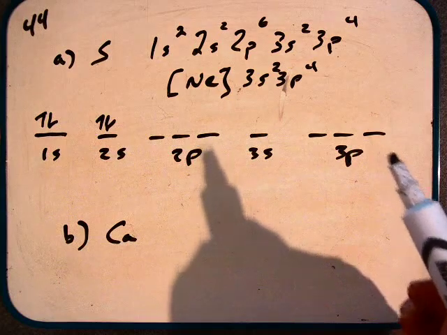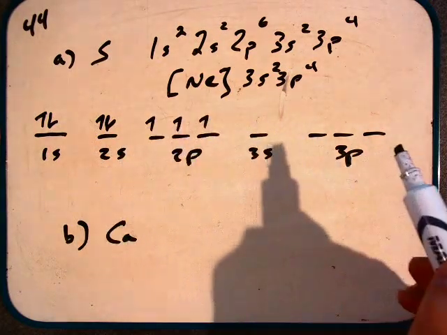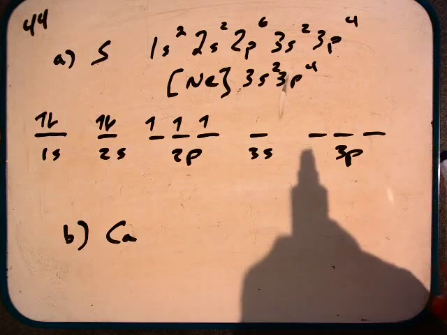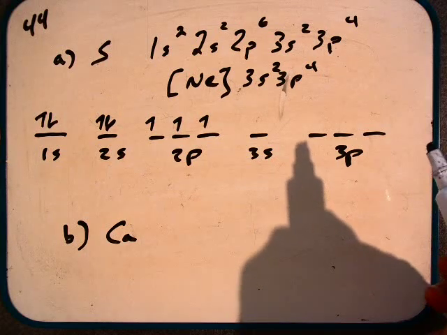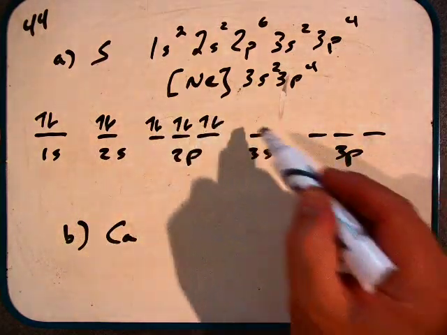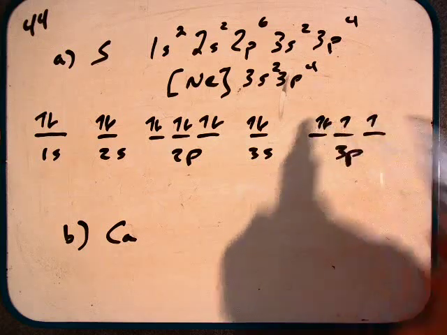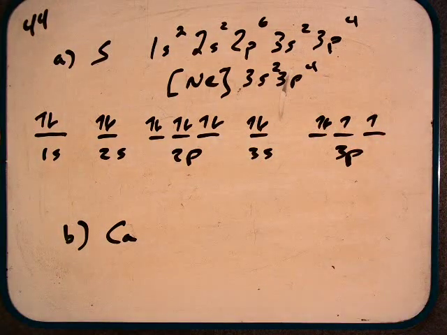Same happens with the 2s. For the 2p, we would put these all in first singly, because there are 3 of these p orbitals, and then we would pair them up. And so that would be your actual orbital diagram for sulfur, just showing it more than one way.